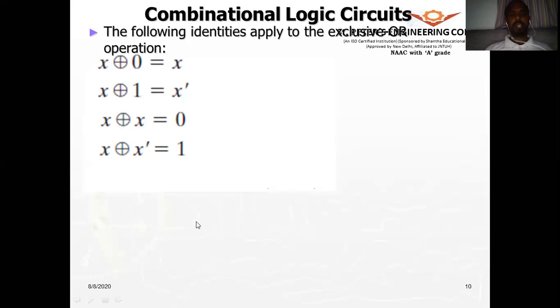So these are the identities that hold good for the exclusive OR operation. If you take X XORed with Y complement, it is the same as X complement XORed with Y, and it is the same as the XNOR function. So that is what is indicated here.